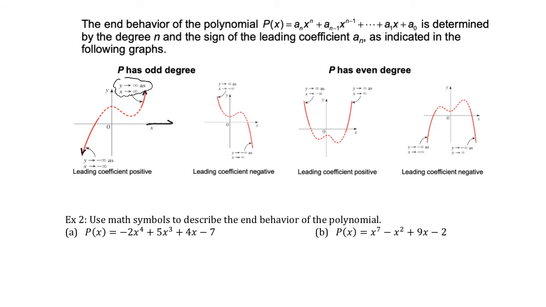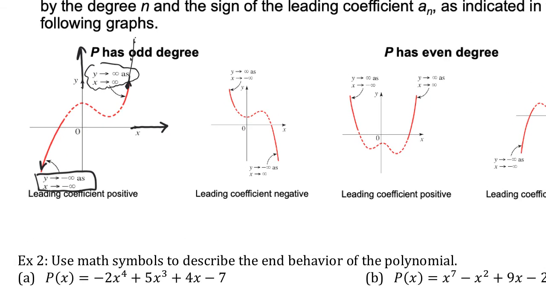As x gets larger and larger, the points along here, the y's would also get larger and larger. And then here the y values are getting more and more negative as x gets negative. Now, if our leading coefficient had been negative, it would just reflect across the x-axis. So we get this where it's just reversed.